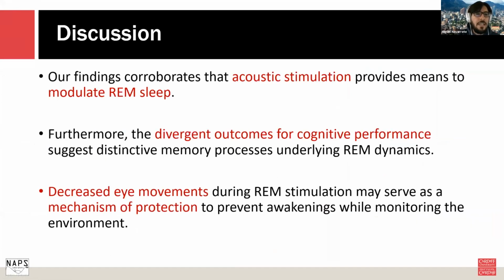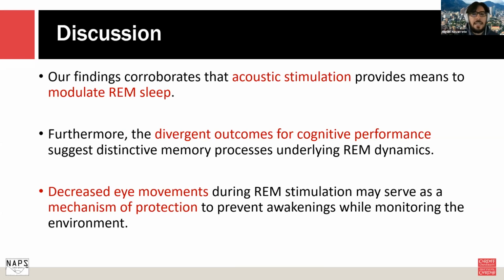So what can we conclude from here? First, with our experiments, we corroborate that we could use acoustic stimulation to modulate REM sleep, maybe not in the time spent in REM, but mostly in the underlying mechanisms. We interestingly found divergent outcomes in cognitive performance.